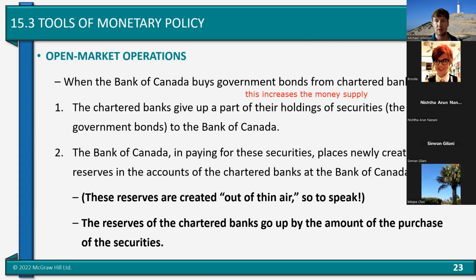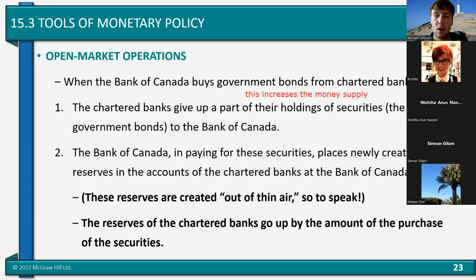This would increase the money supply. And if TD Bank lends out those reserves as loans, this will further increase the money supply. So lending increases the money supply.